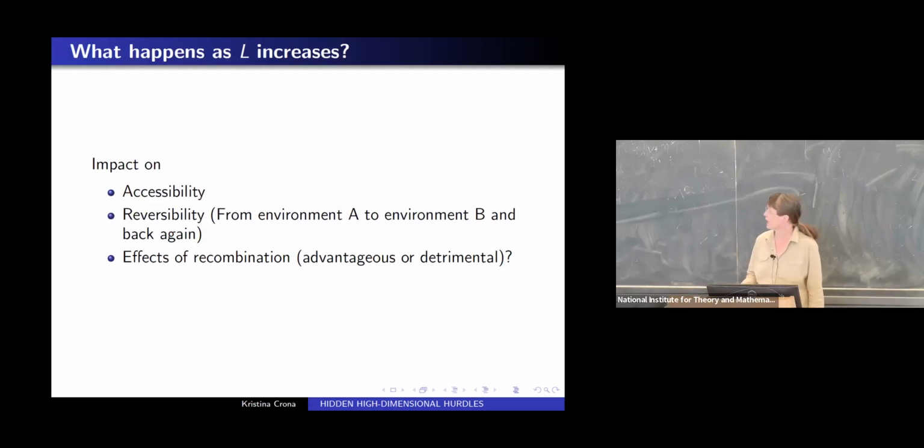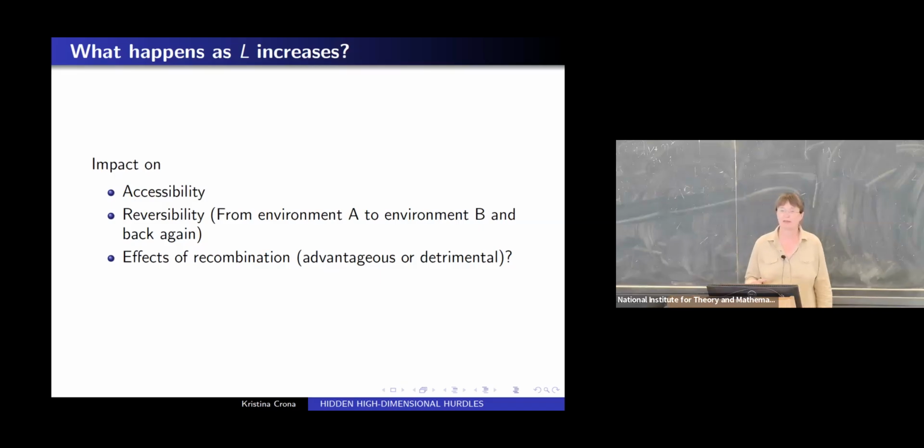Now, what happens just in general if L increases? What is the impact on accessibility in the landscape, and on reversibility? If you go from environment A to environment B and back again, is there any hope that we find the old wild type again?